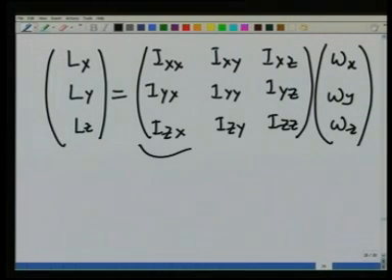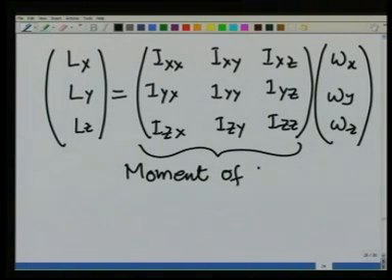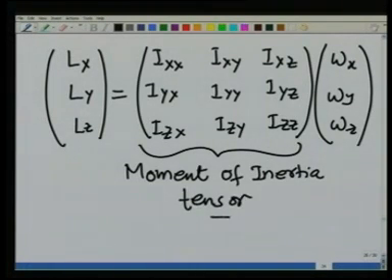And this matrix is known as the moment of inertia tensor. It is a tensor because it has 9 components which transform in a particular way. So, the situation is quite complicated.